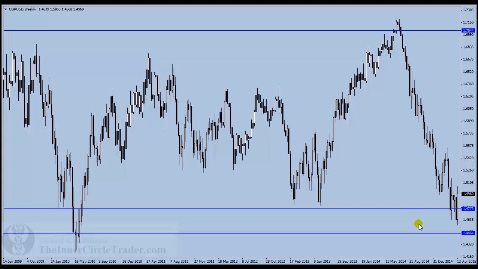And when we say that, your mind should immediately click to, where are all of the buy stops? Because that's what's going to be looked to be raided.